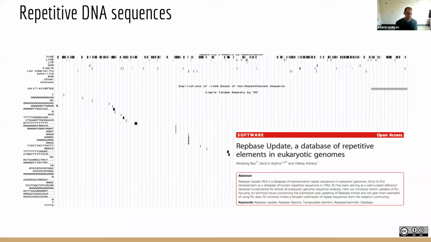If it wanted to find all of these repeats, first of all, it has to know what repeats to look for in a particular genome. And there's a database called RepBase, which has a catalog of all known repetitive sequences.